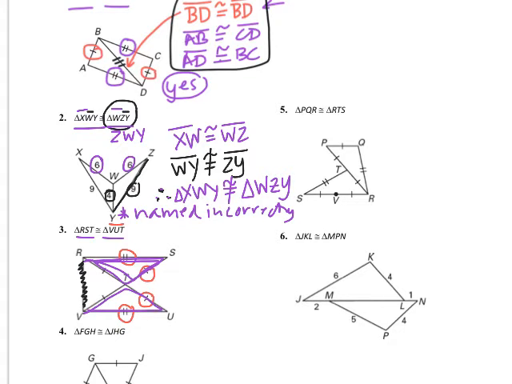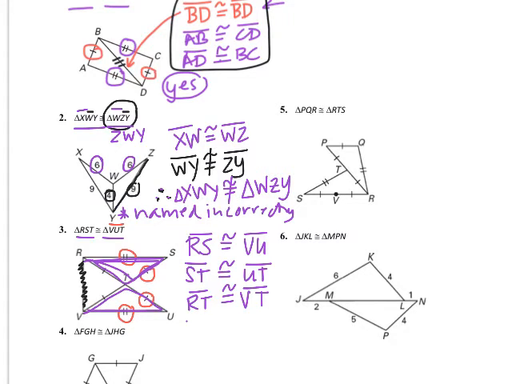So we can write the fact that RS is congruent to VU and ST is congruent to UT, and then the last one would be RT is congruent to VT, and therefore, remember these 3 dots that I'm drawing here mean that the word therefore is being used.